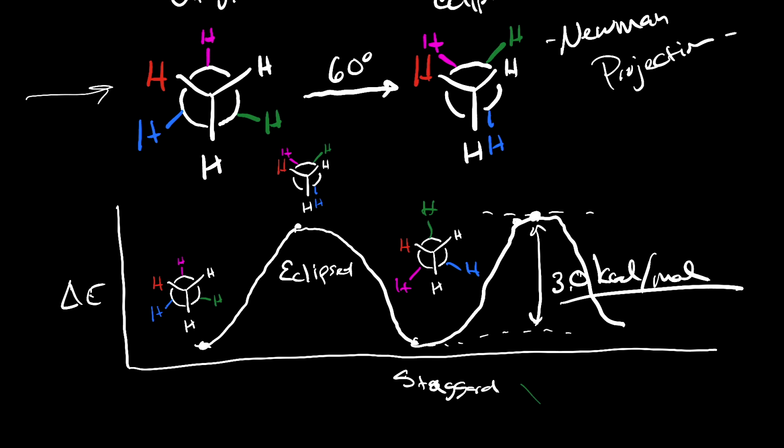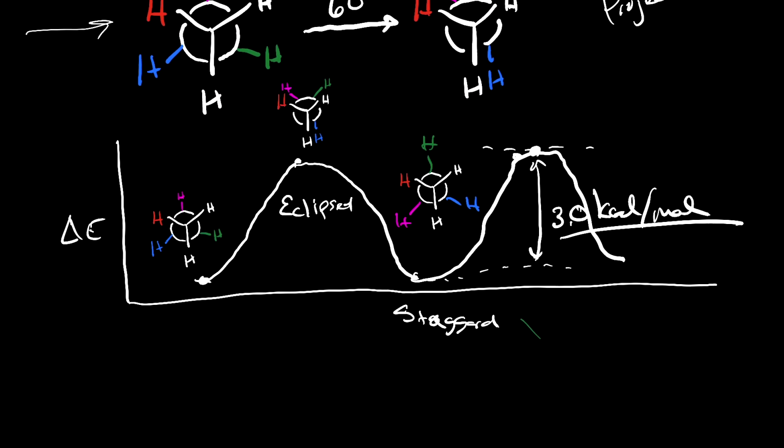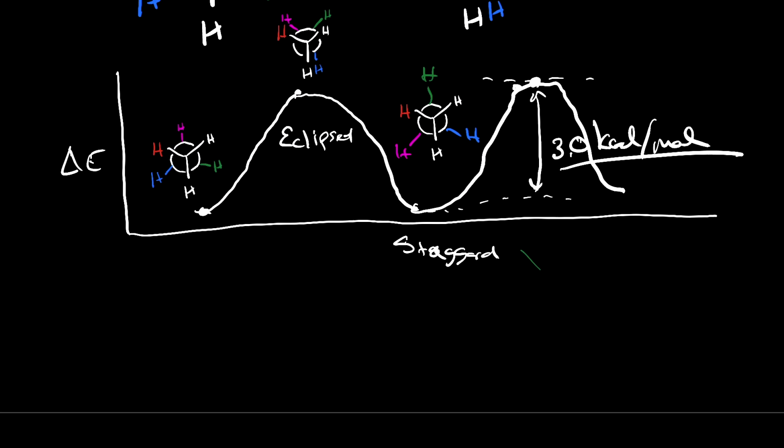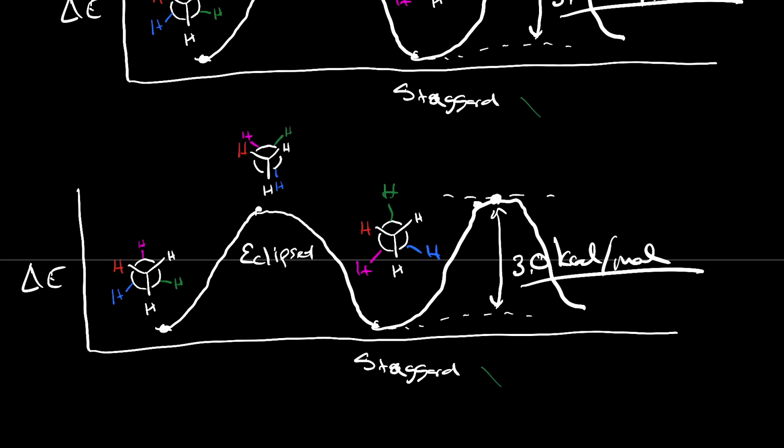Now, what happens, of course, when, say, you replace one of these hydrogens with a methyl group? So, in that particular case, the energy landscape doesn't change, because what you still have, in fact, we can just wholesale copy and paste that down here.